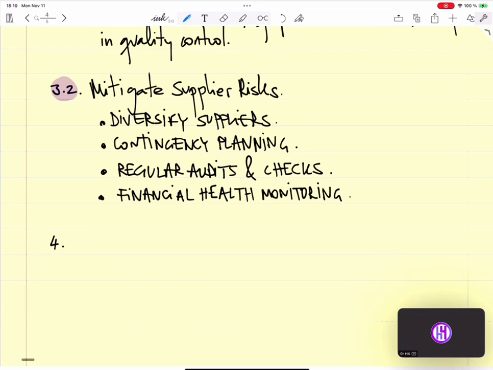The fourth point would be the performance monitoring and improvement.